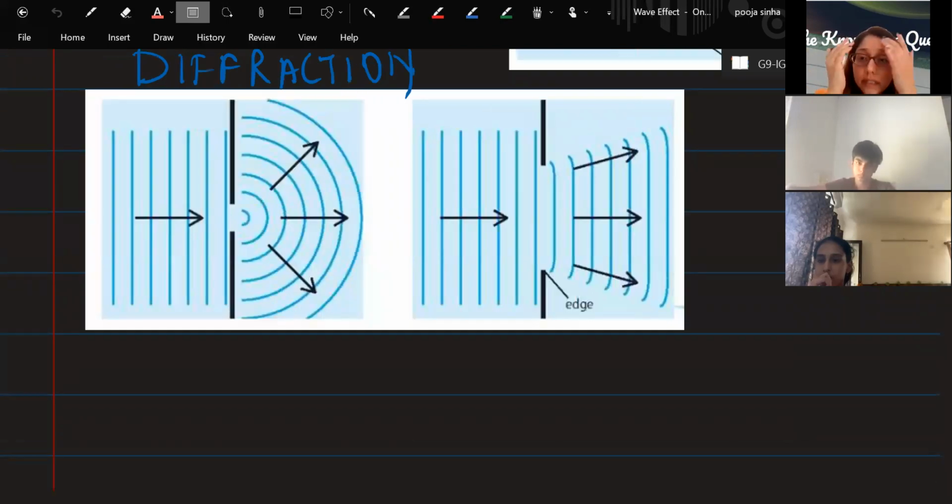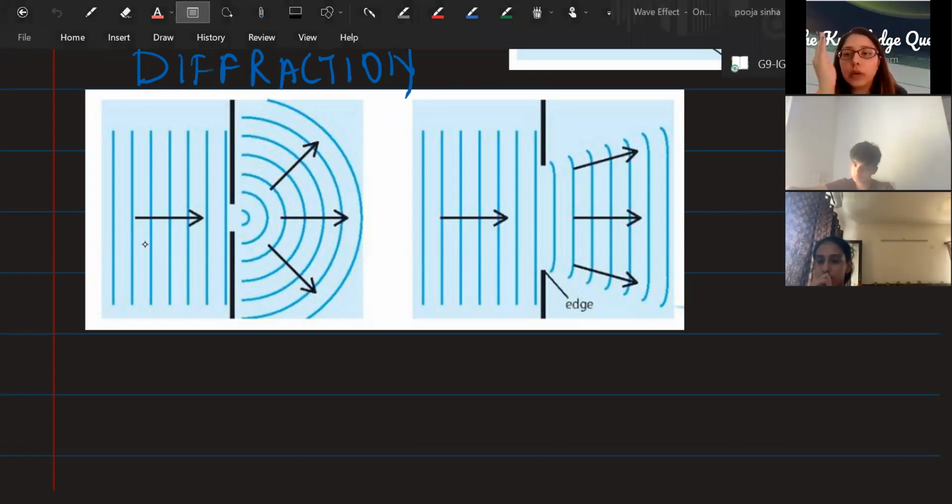First of all, what is diffraction? Any idea what is diffraction? No idea. Okay. In this figure, let's look at the first figure first. There's a small gap.